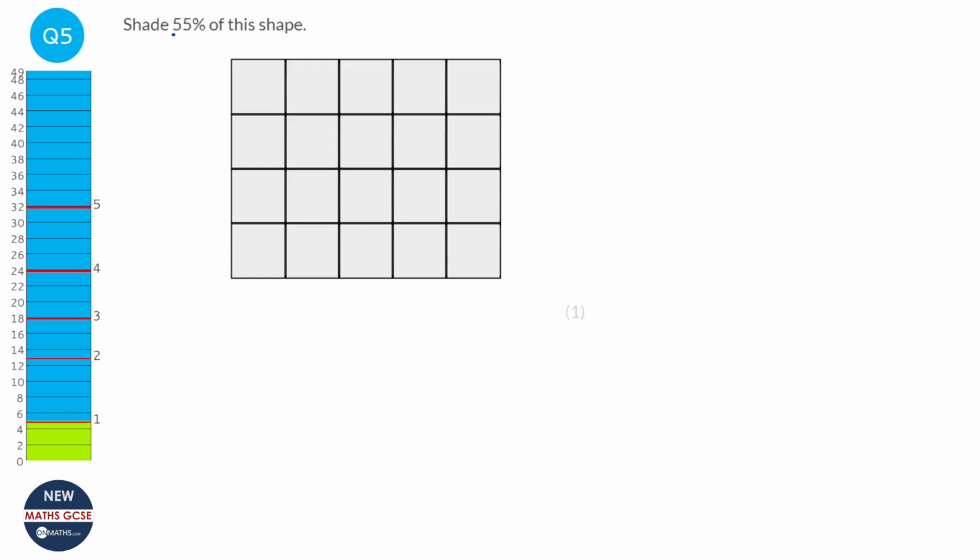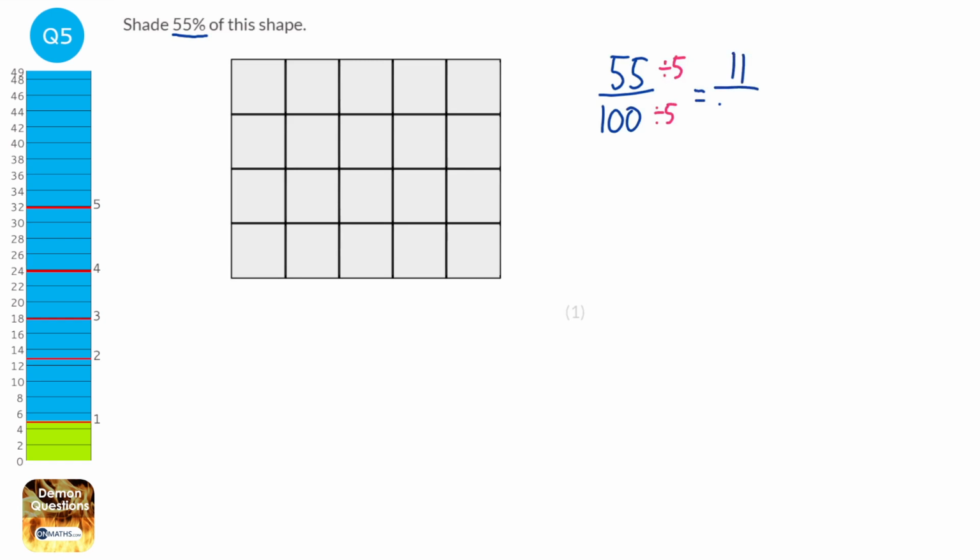So 55% is the same as 55 over 100. And what I can do is divide the top and bottom of the fraction by 5. And so that is going to equal 11 over 20. Now in total there are 20 squares here because there's 5 across and 4 down. 5 times 4 is 20.